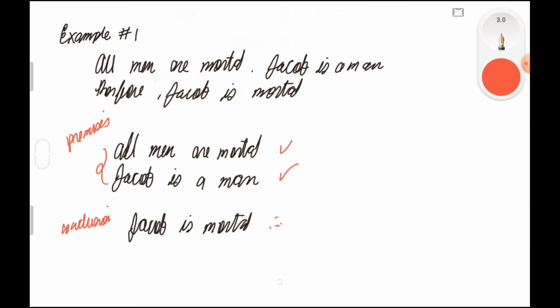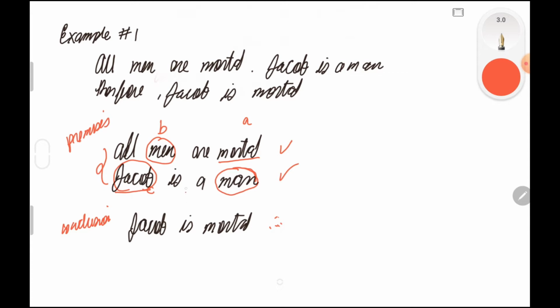So man connects the two statements. Okay? Let's say this will be our element B. And mortal will be our element A. And of course, Jacob will be our element C.